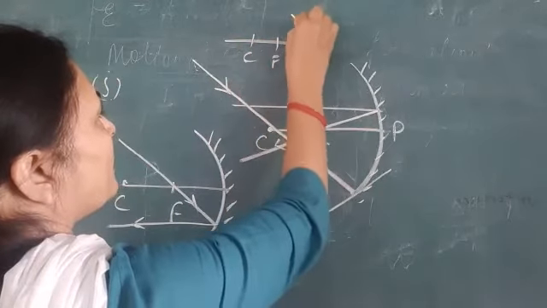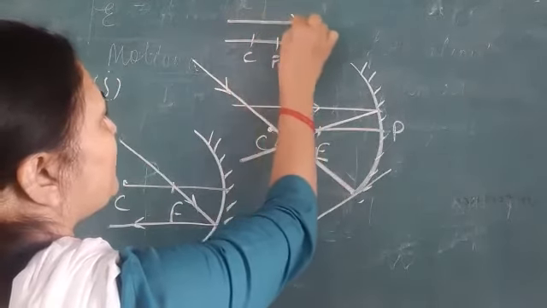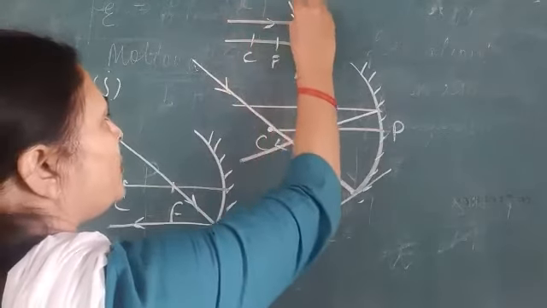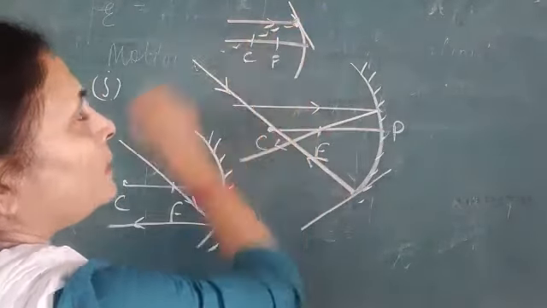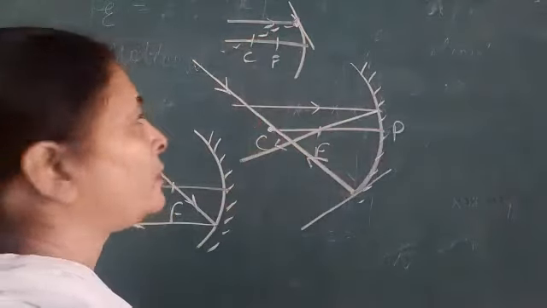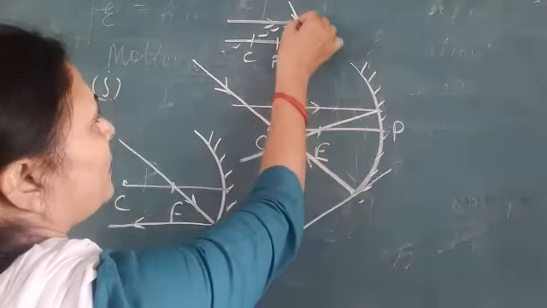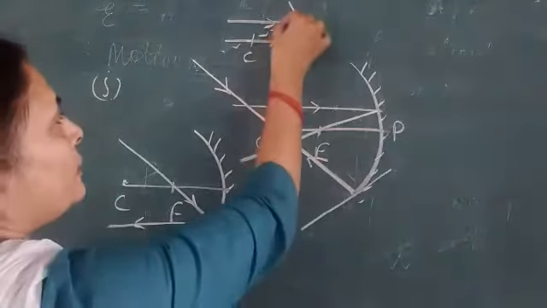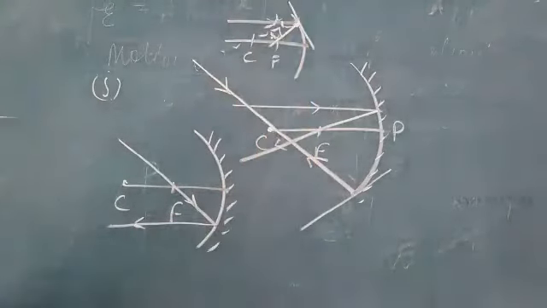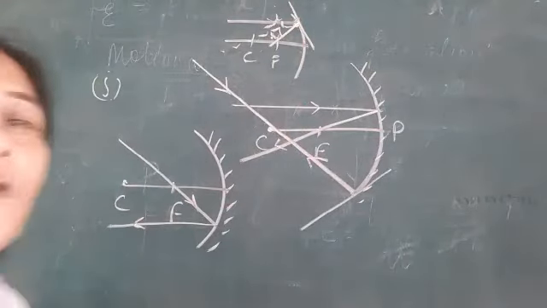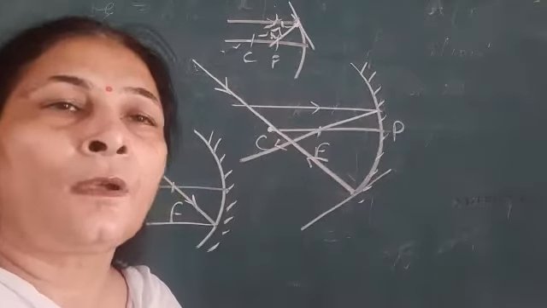Suppose light is incident at the surface, so draw a tangent, draw normal. Normal will always pass through center of curvature. And then angle of incidence will be equal to angle of reflection. So these are the four rules which you will follow for the formation of image in case of concave mirror.